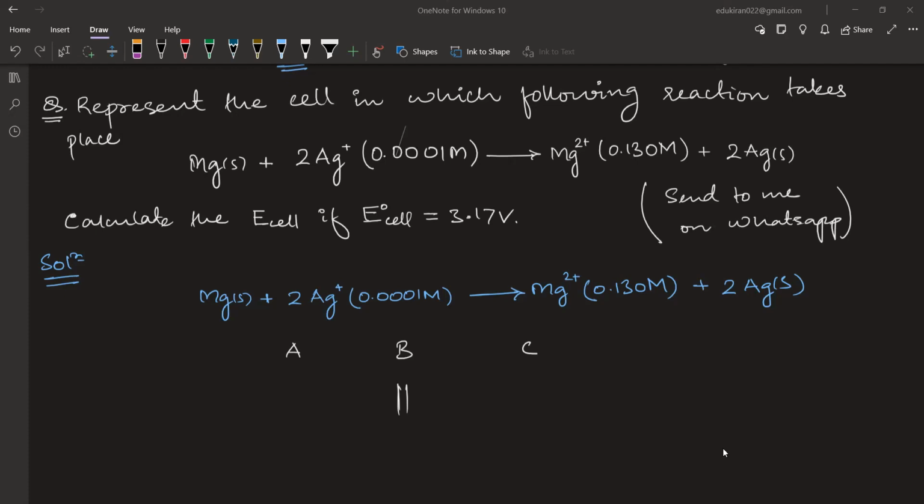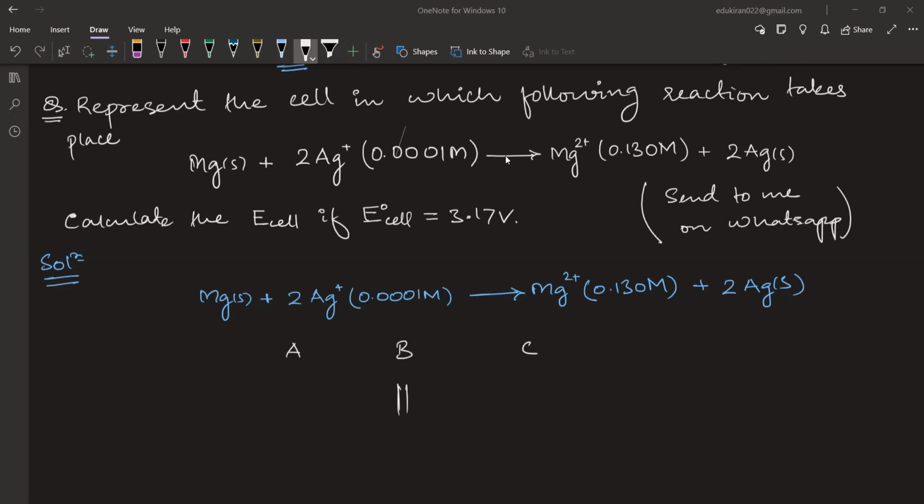Yes, sir. In the cathode, we will multiply 2. No, no need of multiplication of 2Ag. It will be 1 electron for Ag, and in Mg it will be 2 electrons.